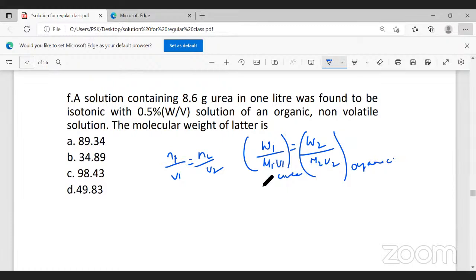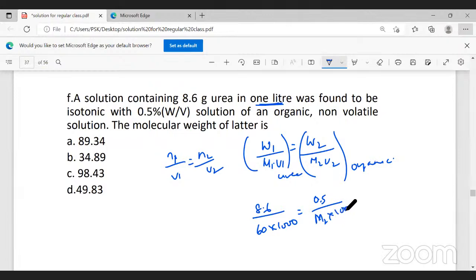What is given? Weight of urea is 8.6. Remember, molecular mass of urea is 60. And volume, 1 liter, which is 1000 ml. That will be equal to weight of the organic compound, 0.5 gram, divided by M2 we are supposed to find.